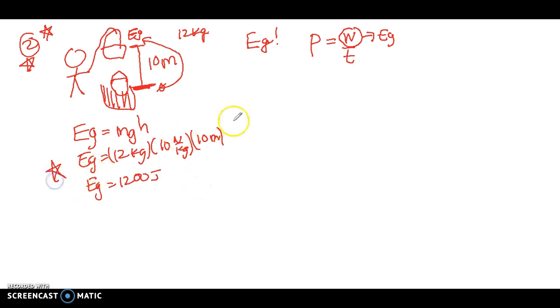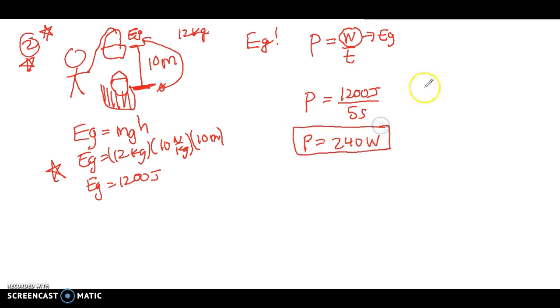Every single lifting problem works the same way. The power is 1200 joules in 5 seconds, which means she has a power of 240 watts to accomplish this task, because remember, joules per second is what we call a watt, which is a measurement of power. There'll be one similar to this on the test, so make sure you know how to do it.